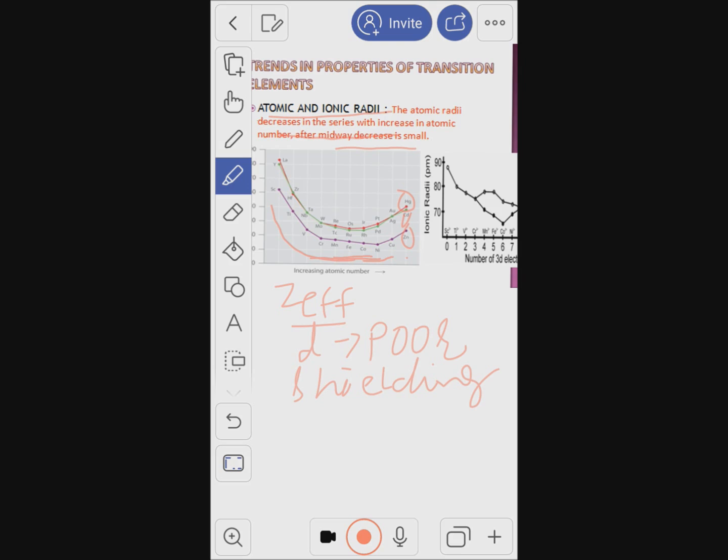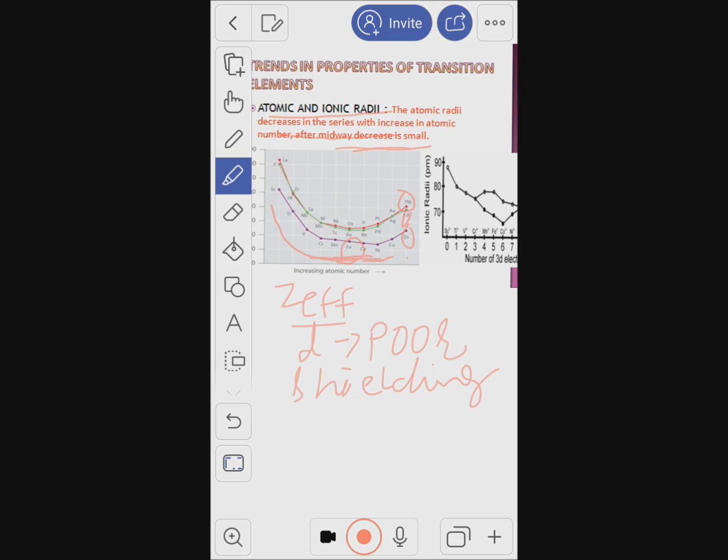They do not properly shield the outermost electrons from the nuclear attraction, and hence the nucleus holds the outermost electrons more tightly. That's why their atomic radius decreases after the midway, but the decrease is small.